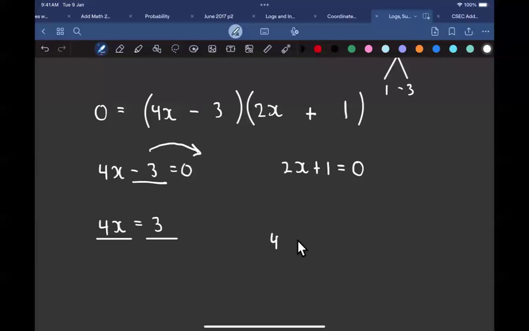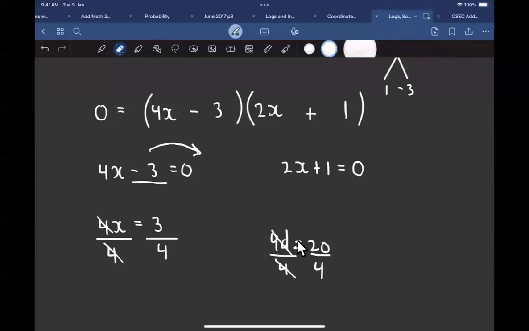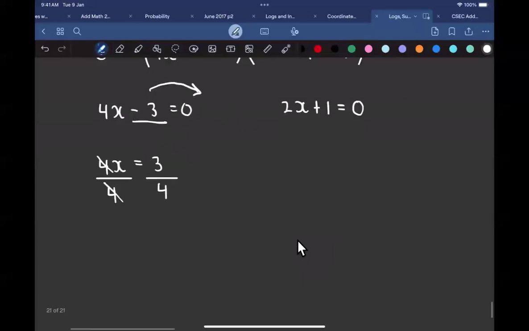Wait, if you buy four doubles for $20, would you divide by 20? Oh, you divide money by doubles. Okay, so it will be 3 divided by 4. When you divide by something, it must cancel off what was on top. So x would be equal to 3/4.